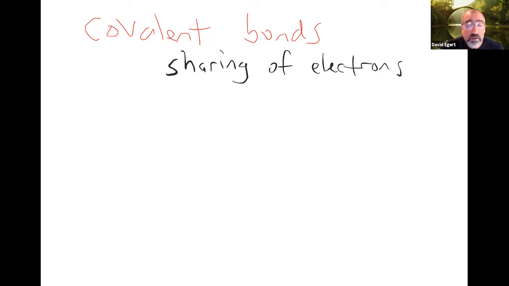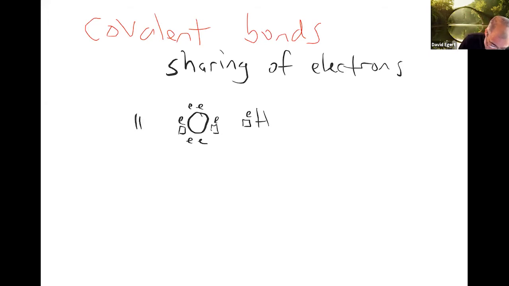In water, you have oxygen. Oxygen has 6 electrons. It wishes it had 8. Hydrogen, instead of an octet rule, has more of a 2 rule because it just has a 1s. It has 1 electron, but it wishes it had 2.